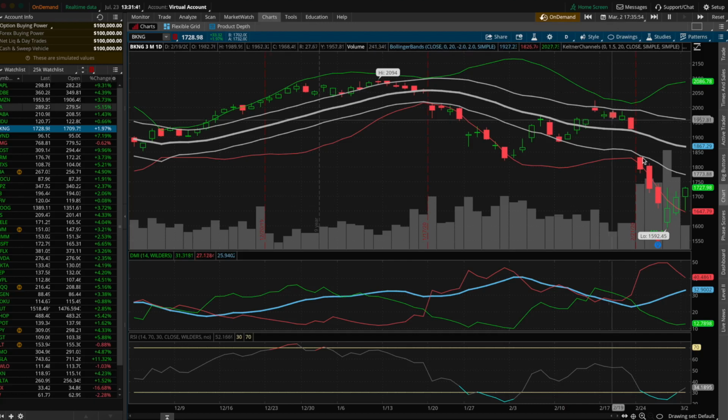If you notice, earnings on BKNG were on 2/26, and it had a pretty good drop on 2/26. Now, after that, it started to recover from that drop. And this drop seems excessive at this point because if you compare it with the previous trading range, it's really all the way to the downside.